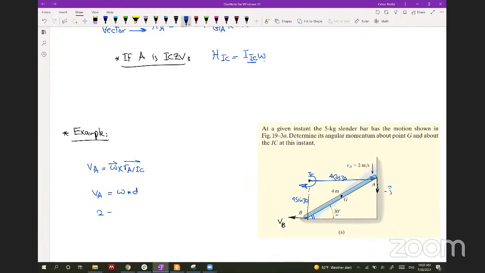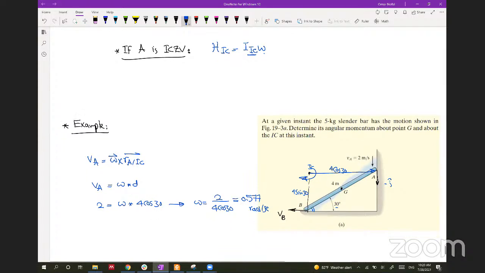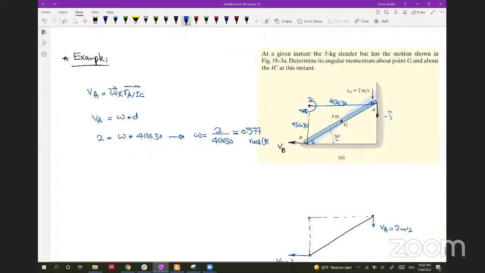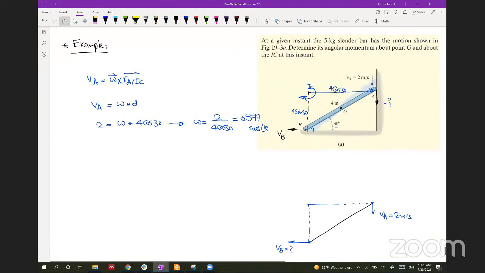And VA is 2. I don't know omega, but I know d is 4 cosine 30. So omega will be equal to 2 over 4 cosine 30, which is 0.577 radian per second. So that's why you are given VA. So knowing omega, we will be able to solve everything in this body.